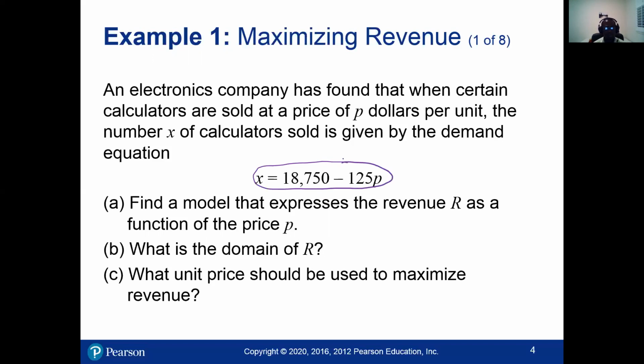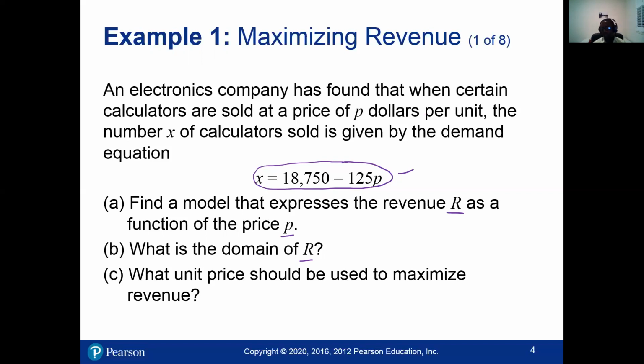Now we're going to do a lot of things here. Given this demand function, we want to find a model that expresses the revenue R in terms of P. And what is the domain of that? Okay, so we said that the demand function X is linear, therefore the revenue function will be a quadratic.